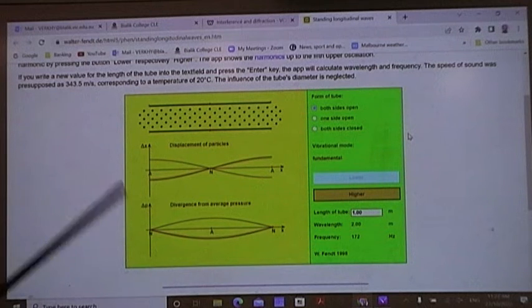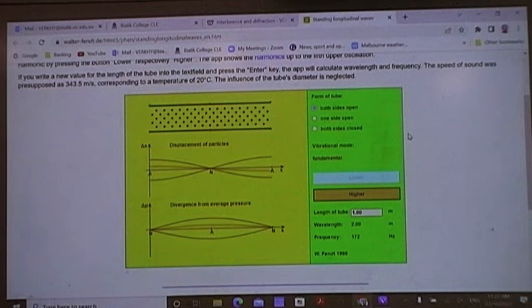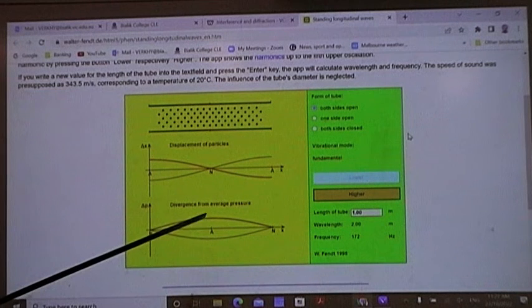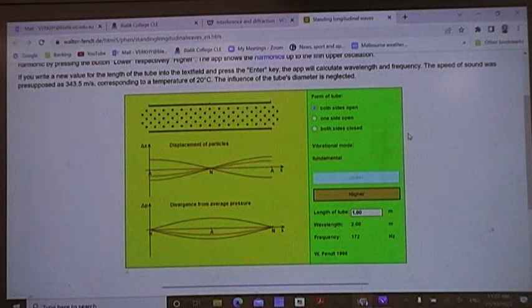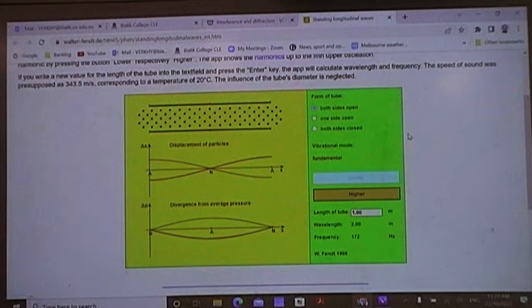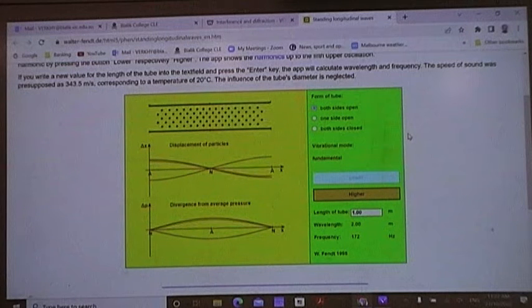There are two graphs. One shows the displacement of the particles, and another shows the difference between the air pressure in the pipe and the atmosphere pressure outside.